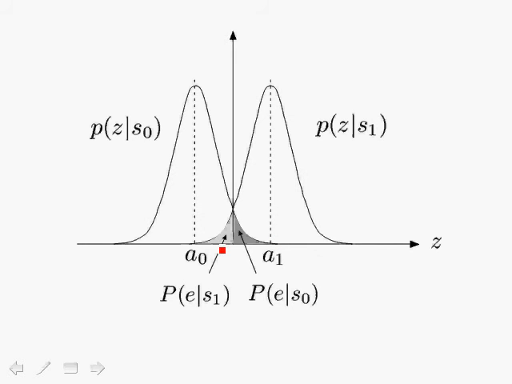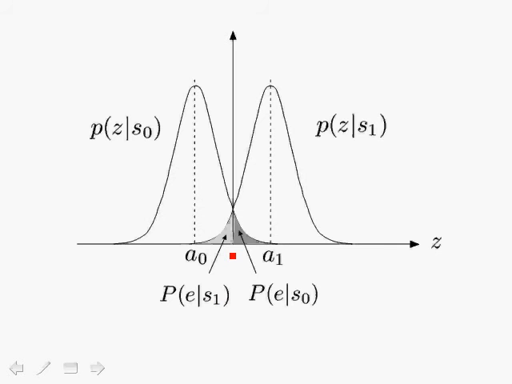Likewise, the shaded area here is the probability of an error given that we have transmitted S1, but since we become negative, we decode it as S0, and therefore we make an error. The probability that that happens is the area underneath the tail shown over here. So the area underneath this tail is the probability of error given that S0 was sent, and the area underneath the tail shown over here is the probability of error given that S1 was sent.